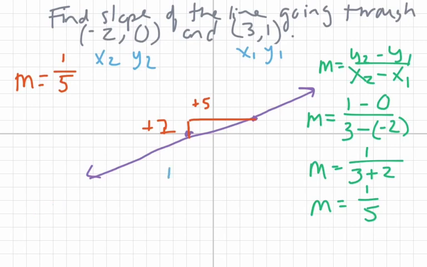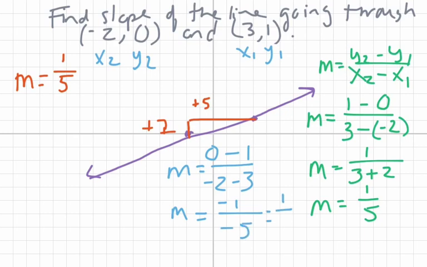So I have y2, which now is 0, minus y1, which is 1, over x2, which is negative 2, minus x1, which is 3. 0 minus 1 is negative 1, and negative 2 minus 3 is negative 5, and a negative divided by a negative gives you a positive.